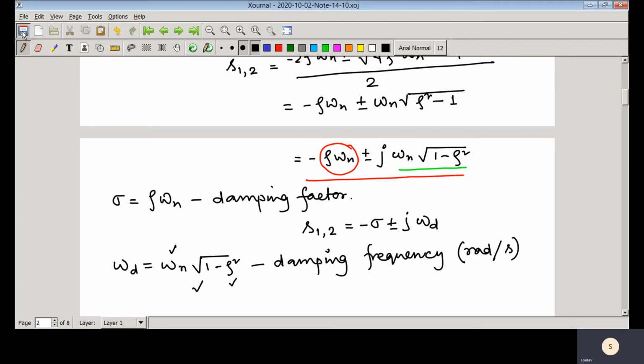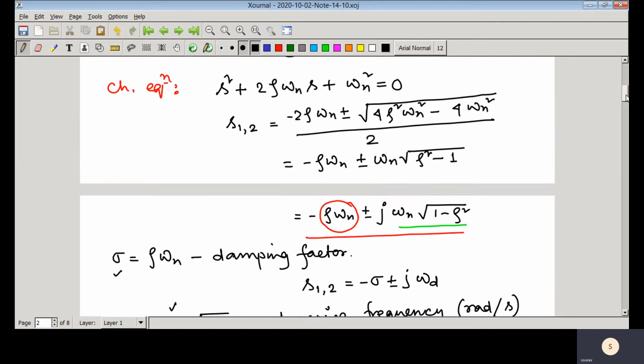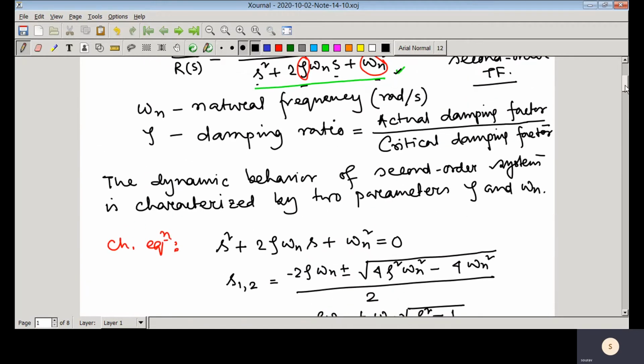So now let us see, if sigma is the damping factor, then if we go back to the definition of damping ratio, what we can see is the actual damping factor. So the actual damping factor is sigma, that is zeta omega n, and then the critical damping factor.